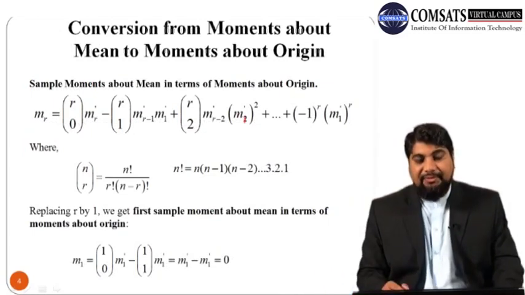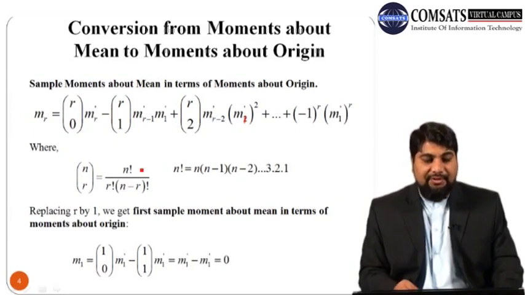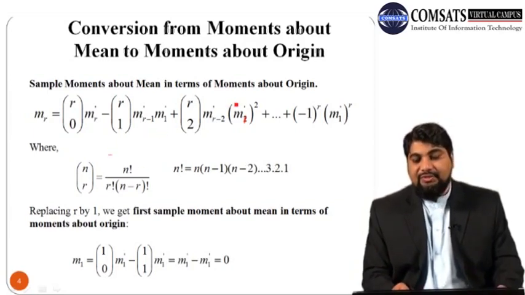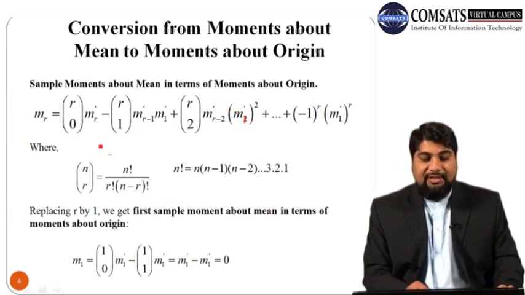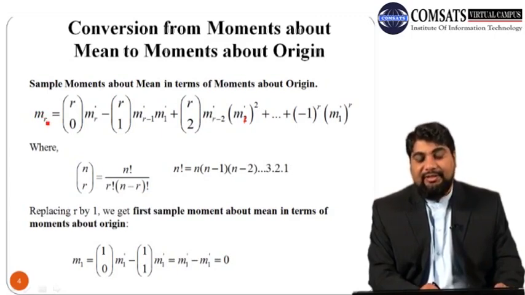Let's start. So conversion from moments about mean to moments about origin. So simple moments about mean in terms of moments about origin can be given by this formula. So it is m_r, which is the rth central moment.